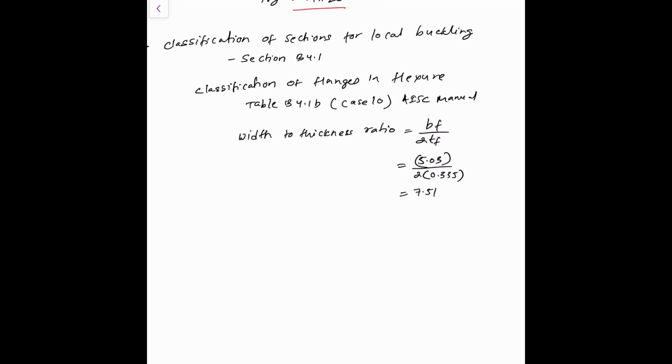Right now, the limiting ratio for compact section and the limiting ratio for non-compact section, let's find out the value. So it's case number 10 of this manual.